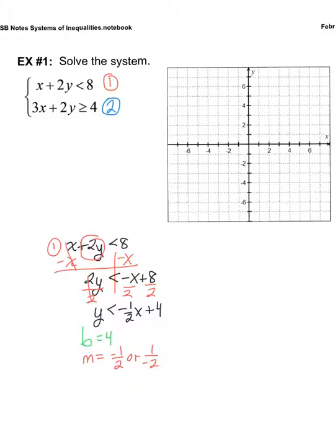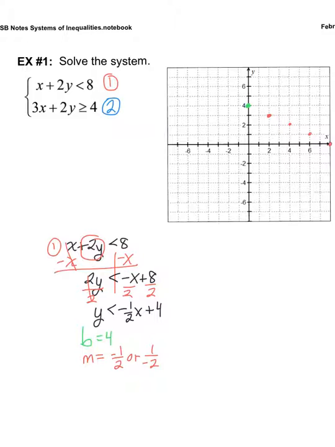So let's go ahead and plot that in stair step. So I'm going to plot my y-intercept at 4, and my slope, I'm going to go down 1 to the right 2, down 1 to the right 2, and so forth, all the way across.